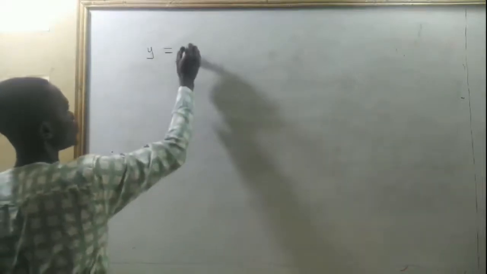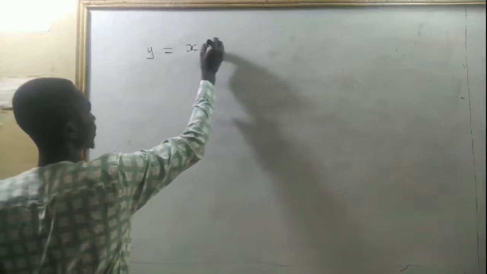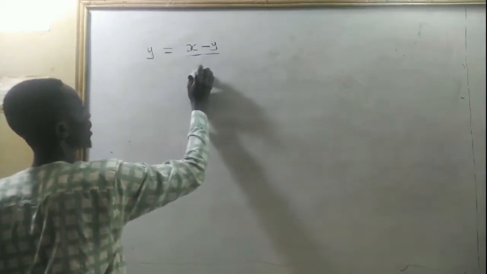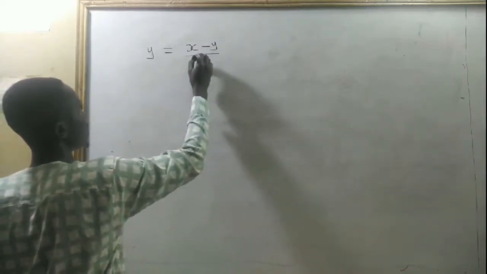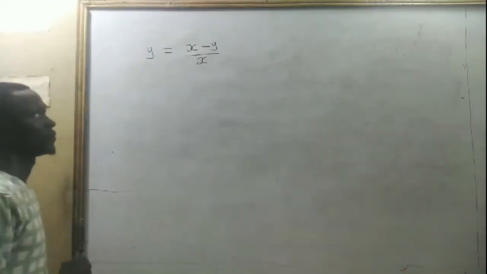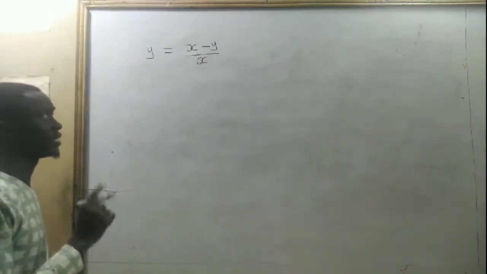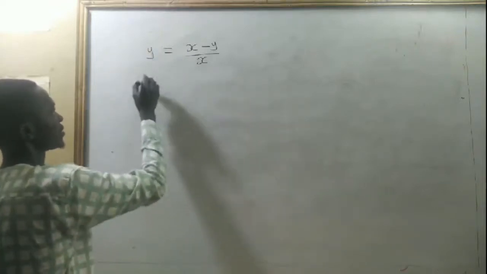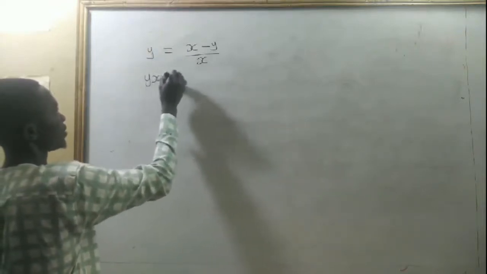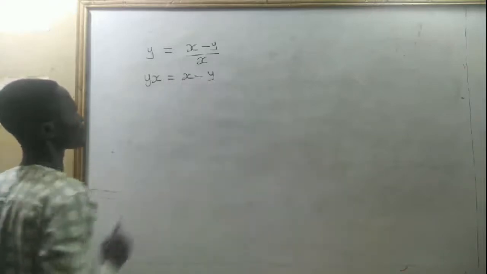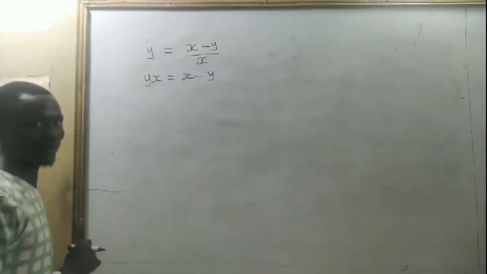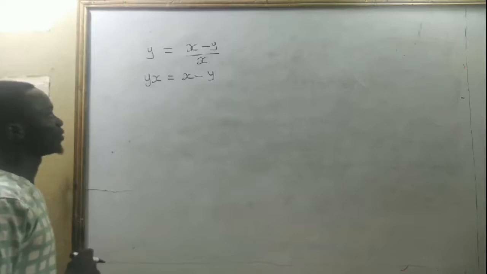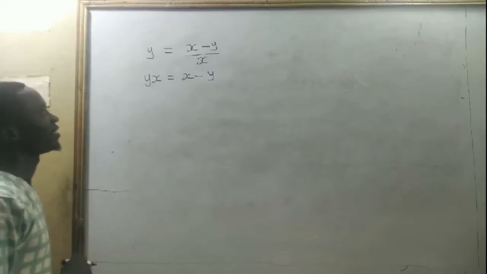The question is, we have y equal to x minus y divided by x. So how do we differentiate this implicitly with respect to x? Here we are going to multiply this, so we have yx is equal to x minus y. These are very simple. I'm not going to use the quotient rule.